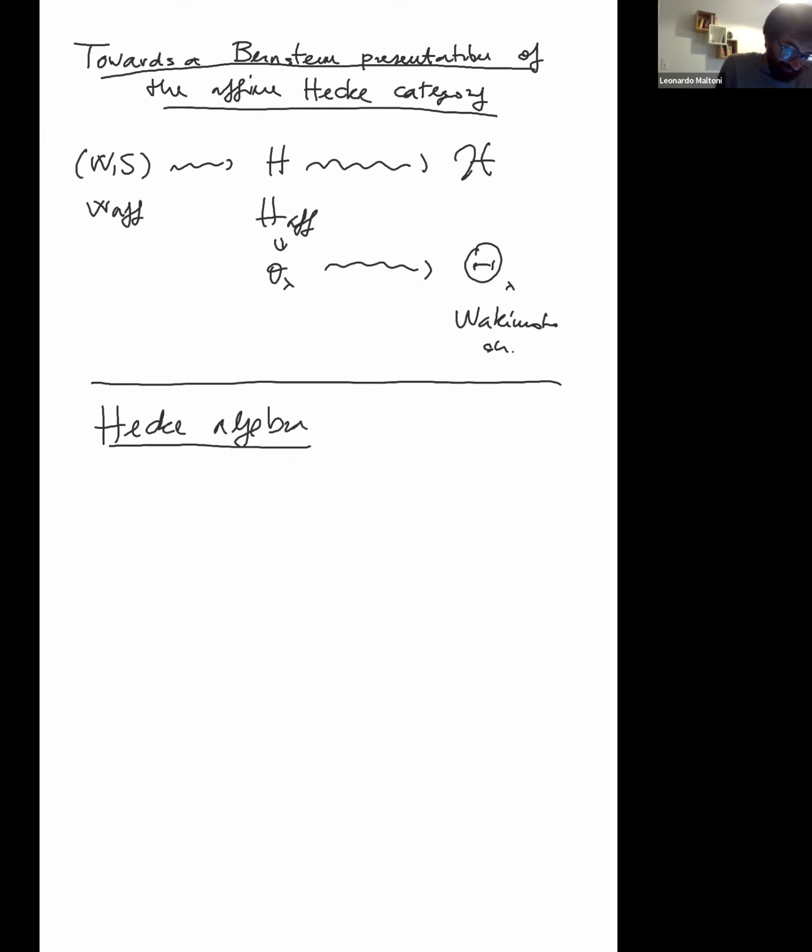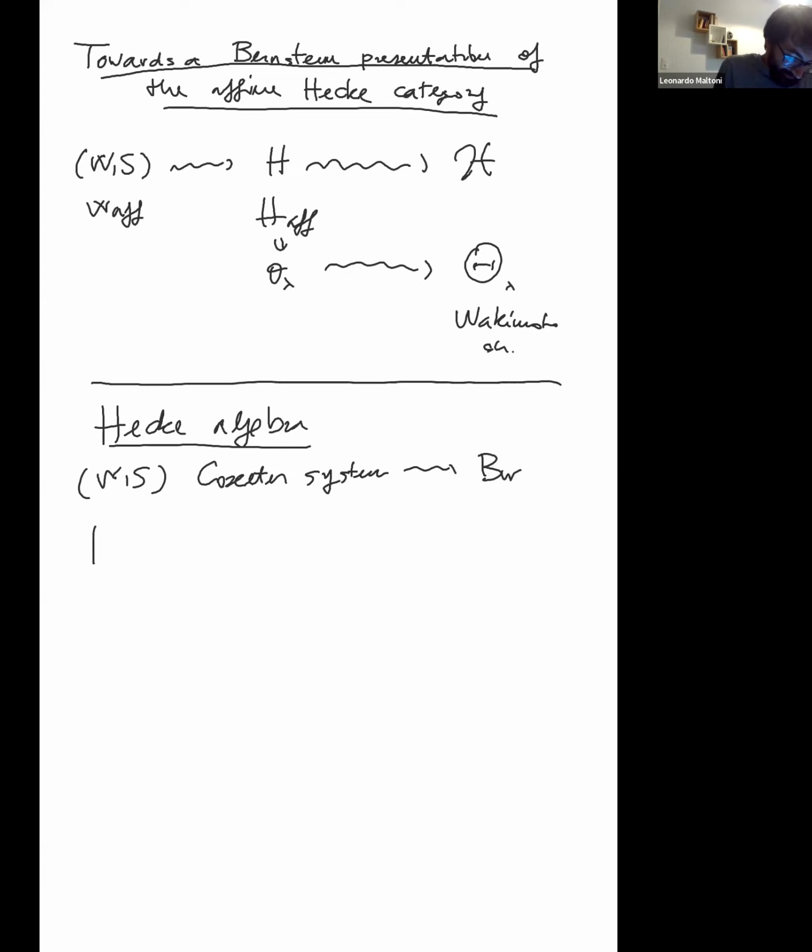As I said, we start with a Coxeter system, and we associate to it its braid group. So it has the same generators, but we get rid of the involution relation and only consider the braid relations. So for example, the permutation group and its associated braid group, which is the standard braid group on n strands.